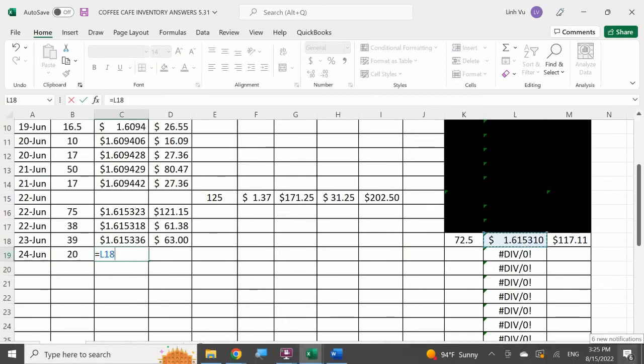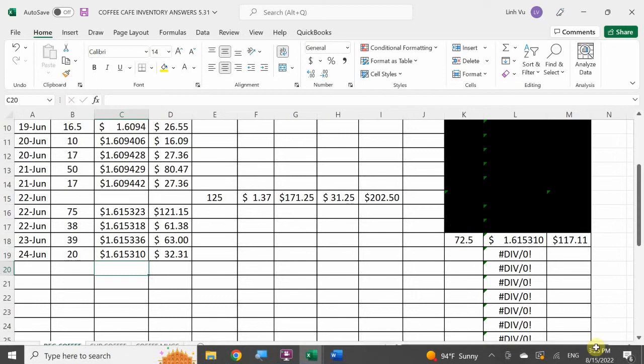How much is my total cost of goods sold if I sold 20 pounds at $1.6153? $32.31.